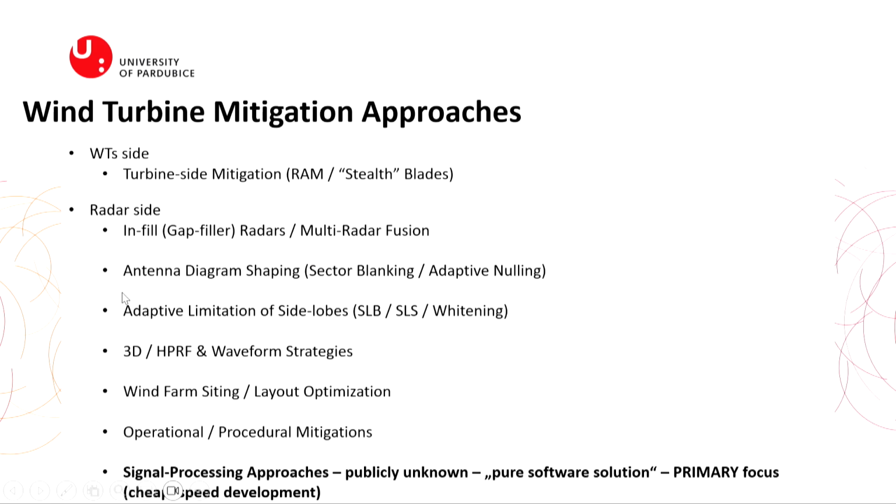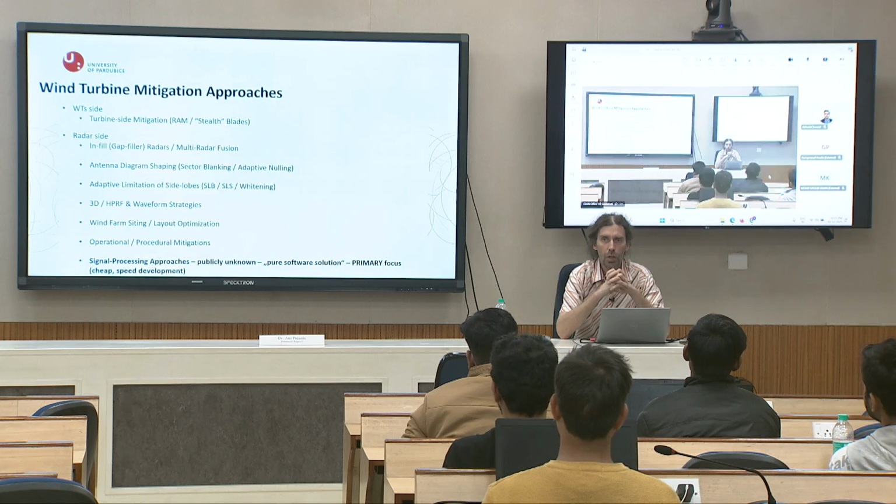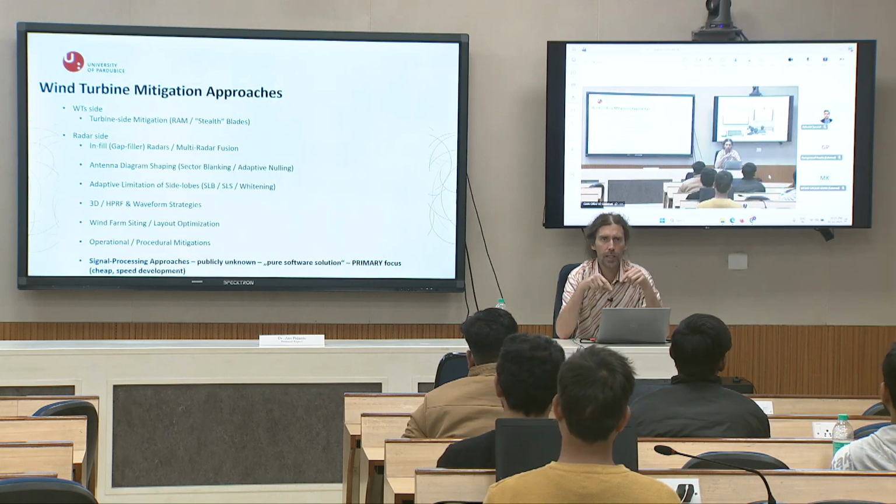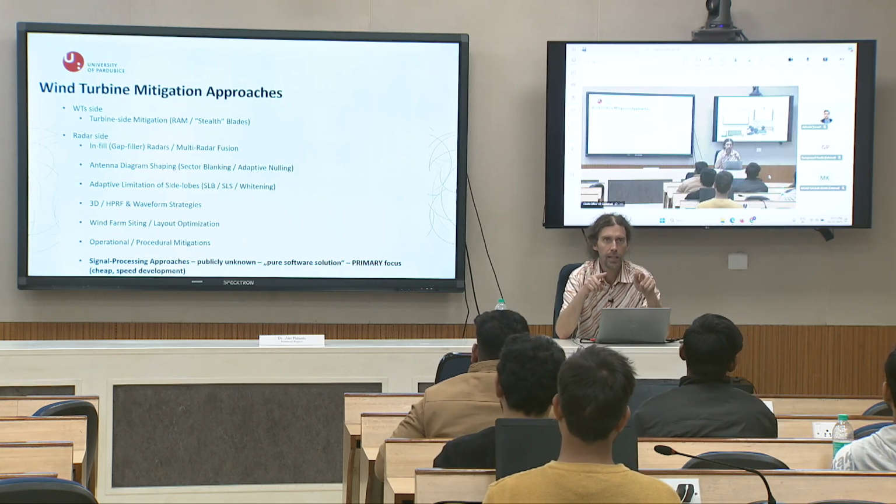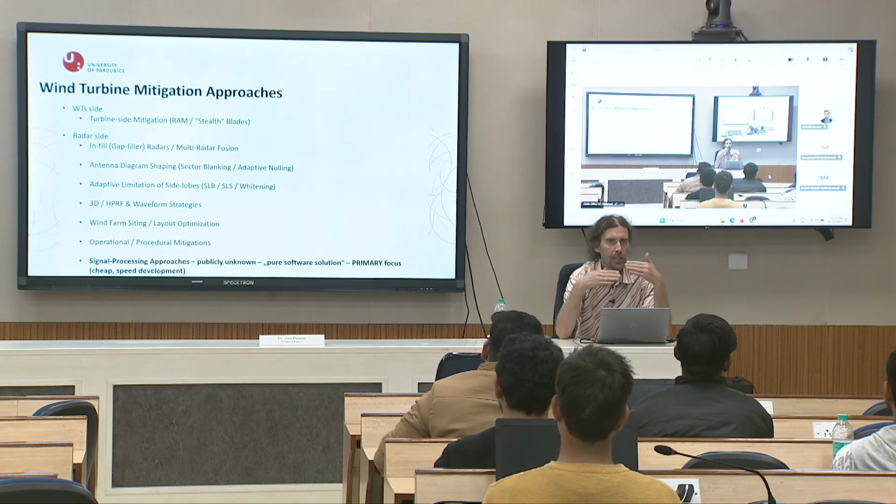Then there is adaptive limitation of side lobes. It is whitening and so on and so on. I will show you later. Then 3D or waveform strategies, and it is about the pulse waveform. You use such a complex waveform that it passes through this limitation.